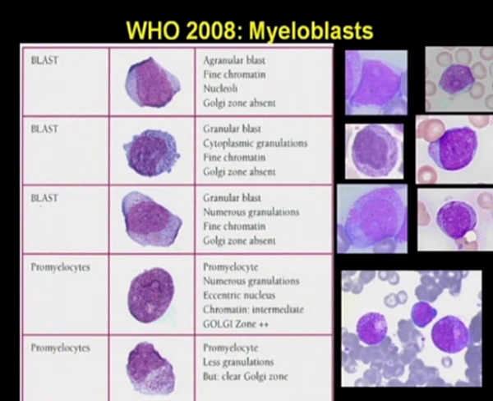The Golgi zone is the morphological hallmark that allows us to identify one cell as a blast or as a promyelocyte. Not the number of granules, not the basophilia of the cytoplasm, not the nucleoli in the nucleus.